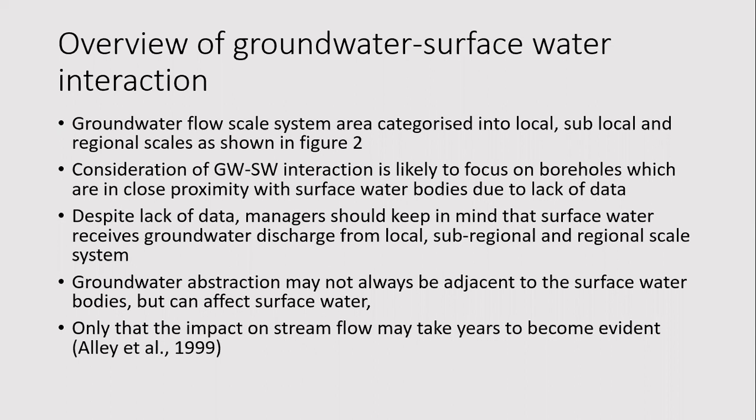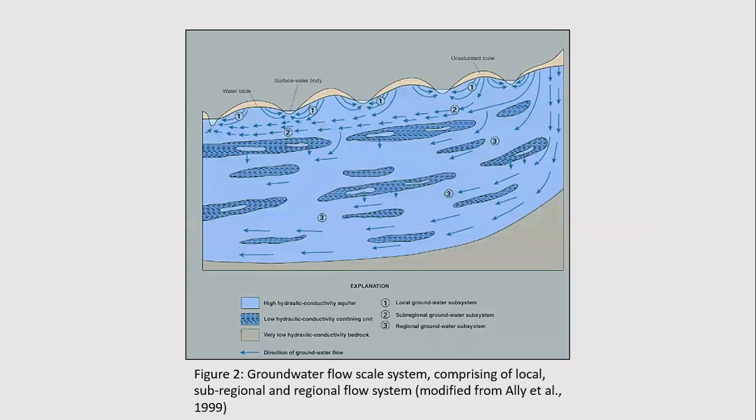The impact might take years to become evident, even though the borehole is not adjacent to the river. So one must keep this in mind as we are busy with this concept of groundwater surface water interaction, based on local, sub-regional, and regional system scales.